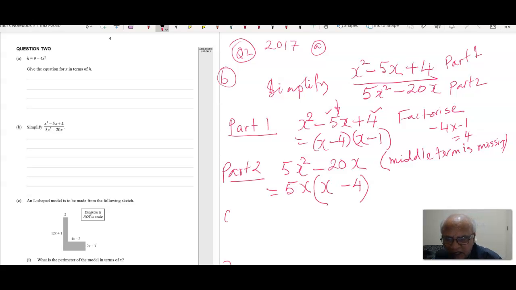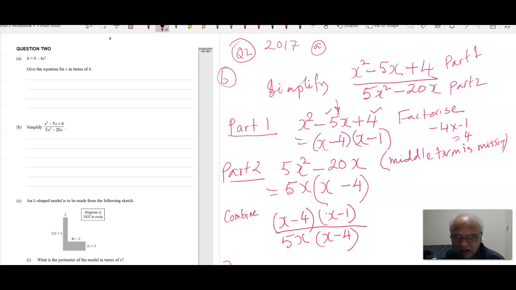Now I'm going to combine both, and I'm going to rewrite the factorized form. Okay, that's the top one. Once I factorized, I got the bottom one.